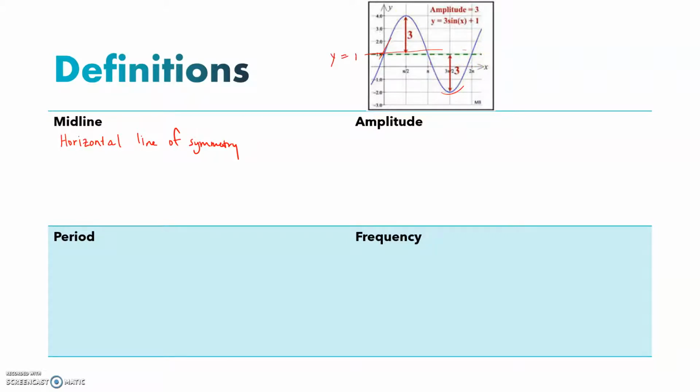The amplitude is going to be the vertical distance from the maximum to the midline, or from the minimum to the midline.